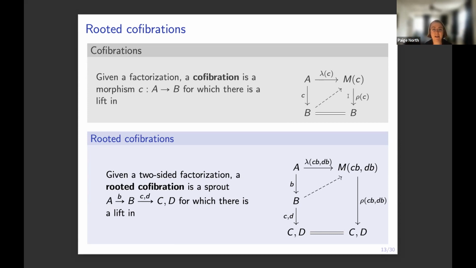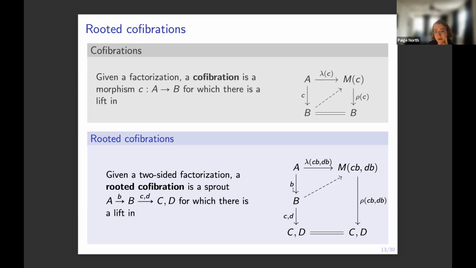And then a rooted cofibration is a sprout. I'm thinking of B as being the cofibration, rooted by maps into C and D that restrict the ways that I can go forward onto this side, like I just talked about in the obstruction to twisting. And if I factor this, actually, we have to factor a span, and here we have a sprout.